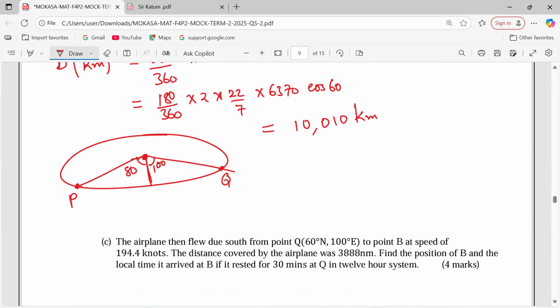So what will be the time taken in this case? Time taken is equal to distance over speed, which gives us 10 hours. So it shall spend 10 hours.